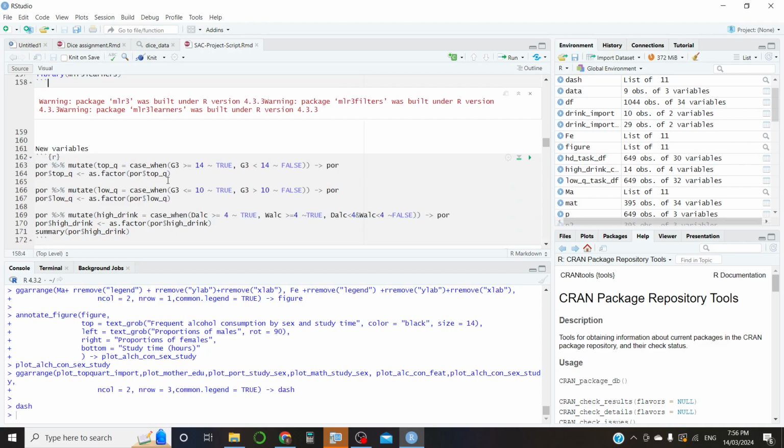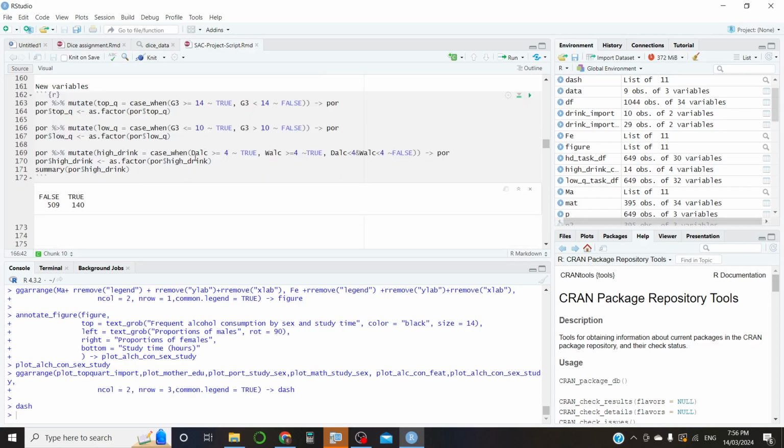So I was looking at this. This is something I use to work out whether or not you fell into the top students. That's when your total score was greater than or equal to 14. If you're a low achieving student, your total score was less than or equal to 10.